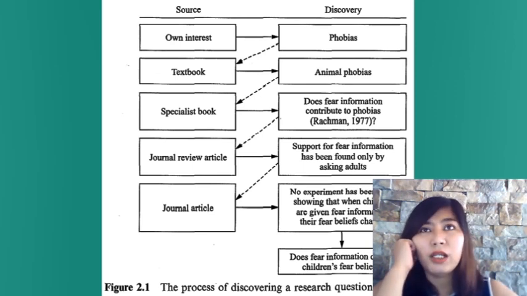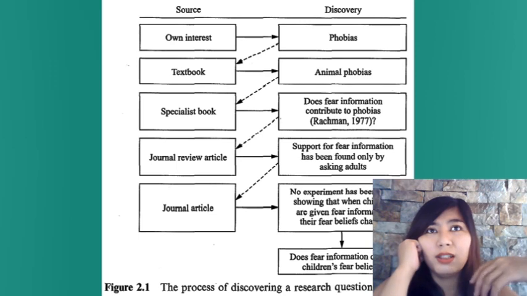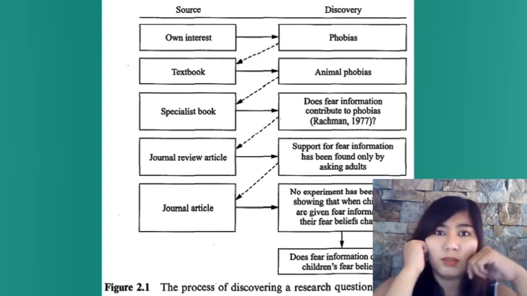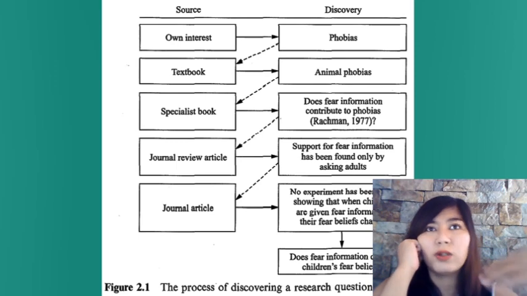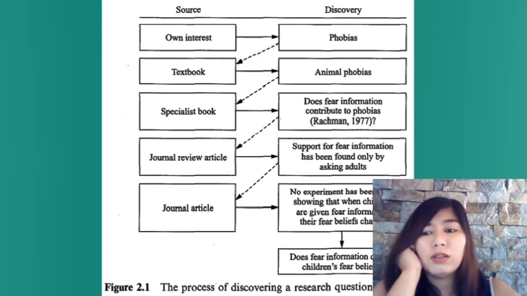Or it could be that phobia is just one of the components included in a bigger picture in that specialist book. Let's say that the specialist book might not be about phobia in general, but about anxiety disorders, and phobia is one of them. So it works like that.